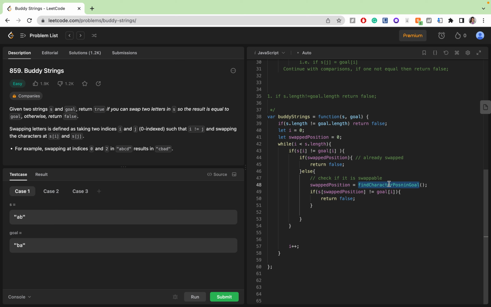So suppose if I don't find any position, then if it is equal to -1, or what I can say is, if swapped position is still equal to 0 only.